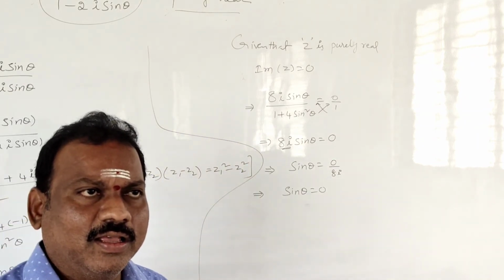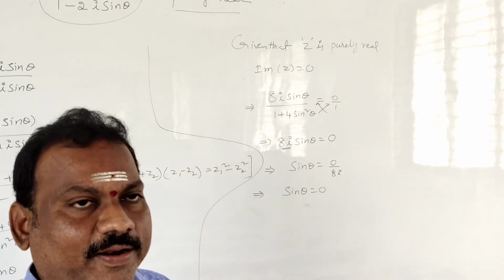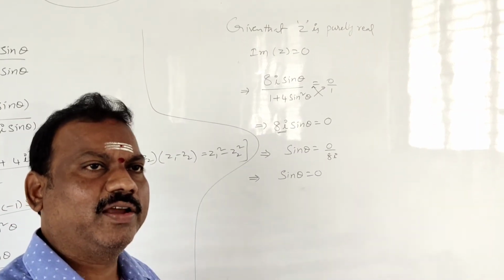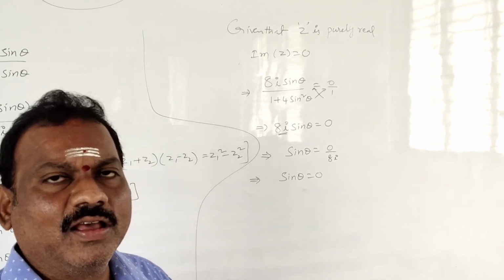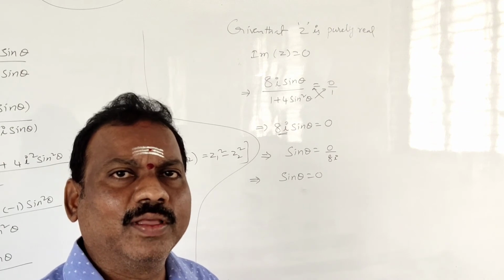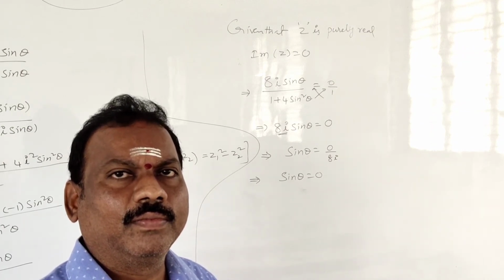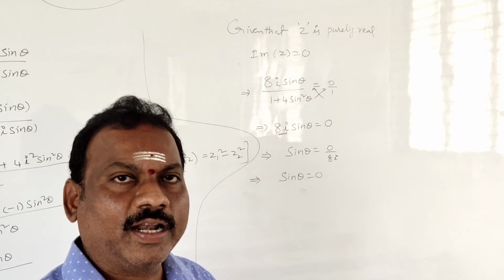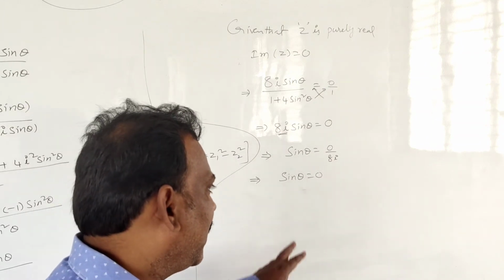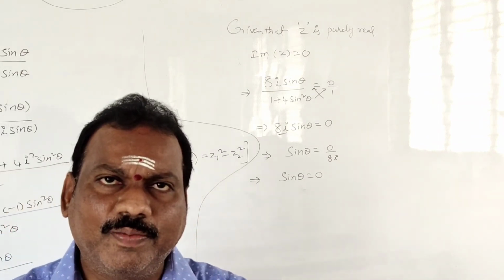But here theta value, trigonometric equations is there. In the trigonometric equations I will explain in detail how theta varies from the principal solution or general solution. What is meant by principal solution?